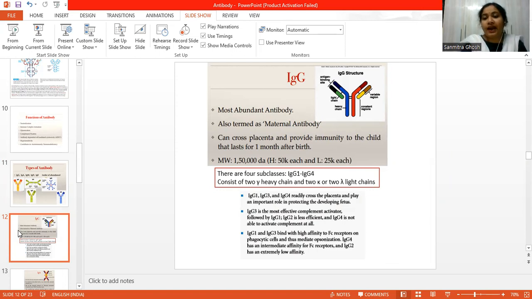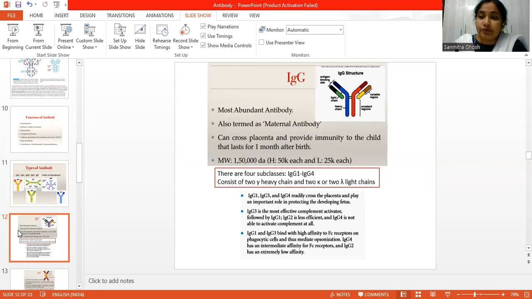See, here we have given the names G, A, M, D, and E to different immunoglobulins. They have the same basic structure. That means there are two light chains and two heavy chains. But the difference is that the heavy chains that are present are different.